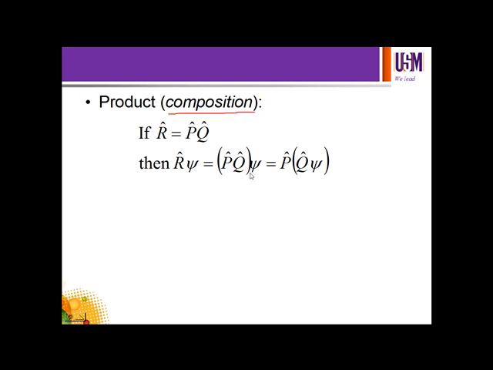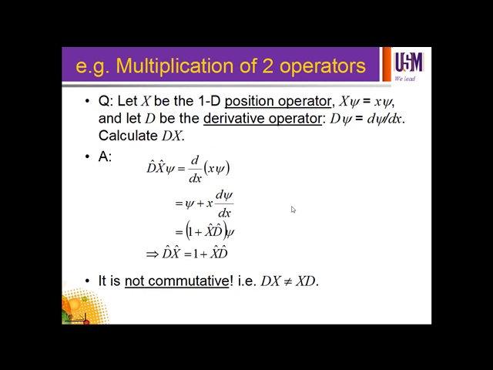You can bring out one of the operators outside, usually the first one, and you operate the wave function with respect to operator Q first, then whatever you get, you follow up with operator P.